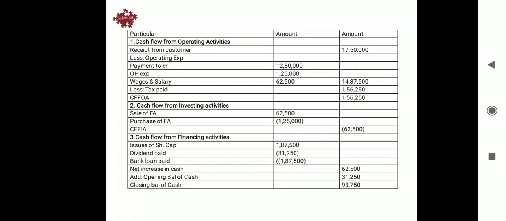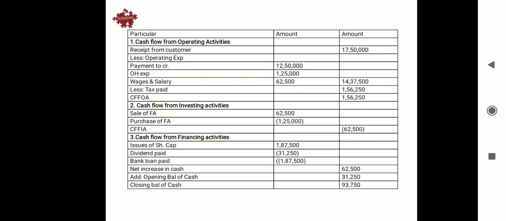You can say it is a net increase, because we are receiving a positive amount. So the net increase in cash is 62,500. In this we need to add back our opening balance of cash, that is 31,250, and we receive the closing balance of cash, that is 93,750.